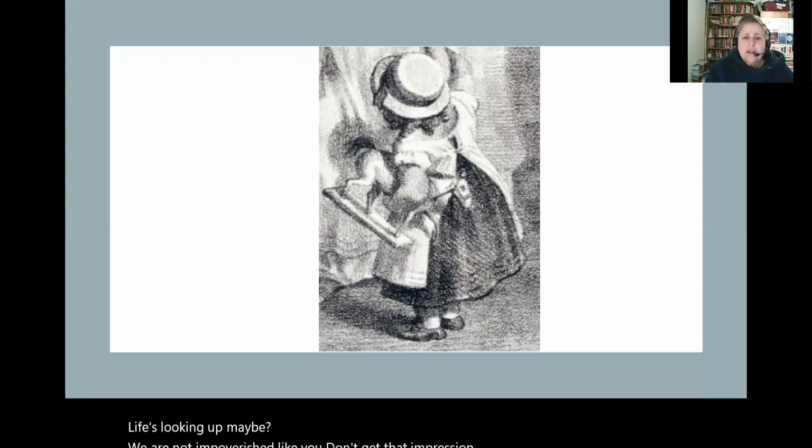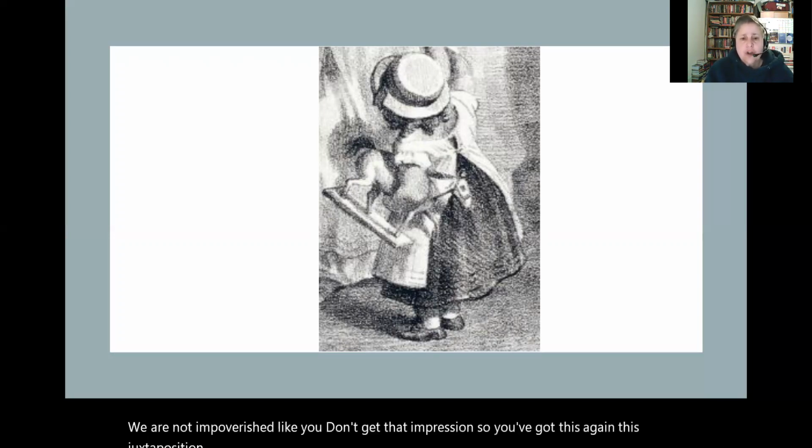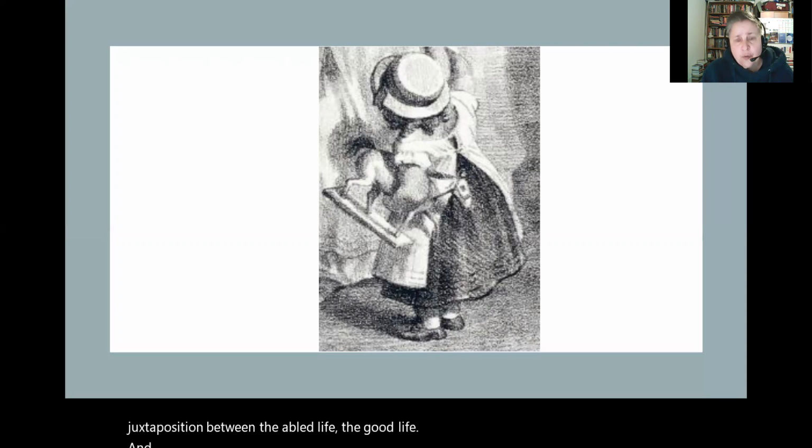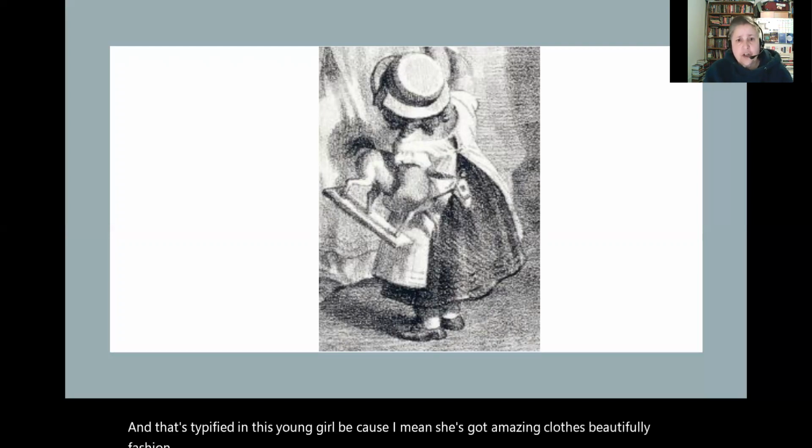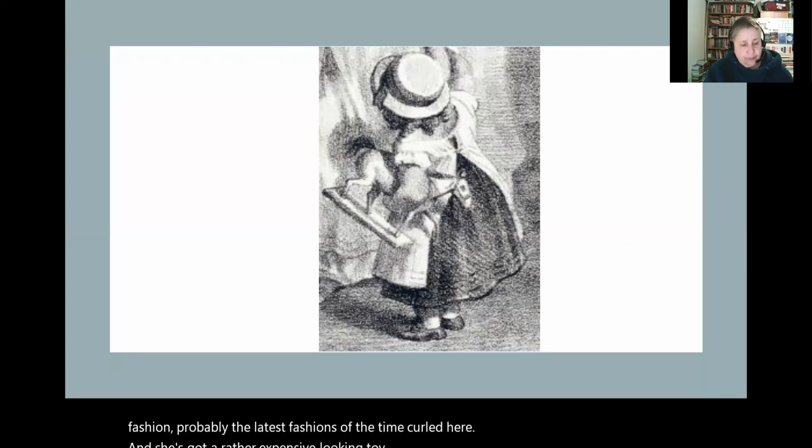So you've got this, again, this juxtaposition between the abled life, the good life, and that's typified in this young girl because, I mean, she's got amazing clothes, beautifully fashioned, probably the latest fashions of the time, curled hair. And she's got a rather expensive looking toy horse as well. You know, and as I made the point earlier, we don't have her face, but it seems to me that she's in conversation with the younger woman, maybe asking questions.